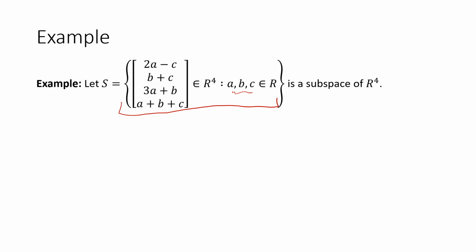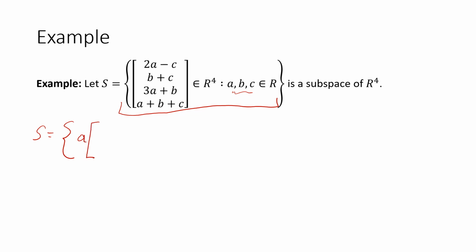This is something similar to what we've seen before, and we're going to break this up into its component parts. We can rewrite S as the set of all vectors that are linear combinations of some other vectors in this way.